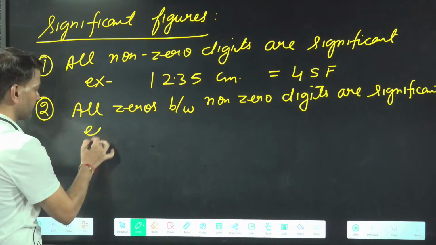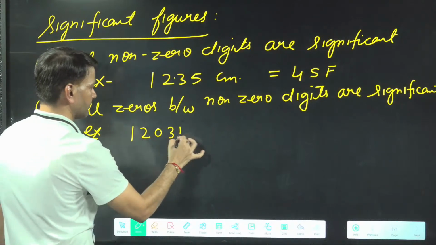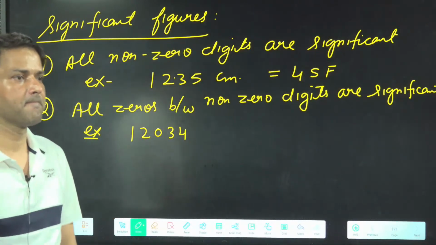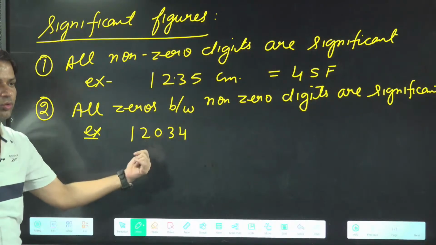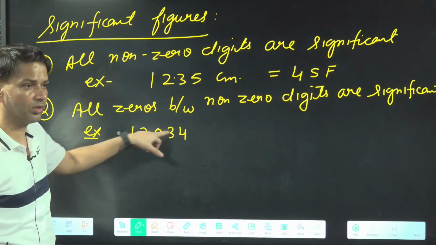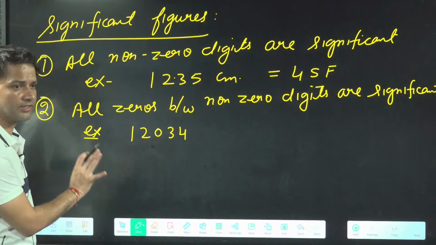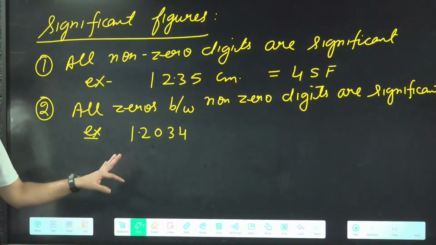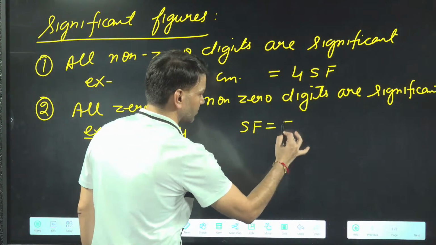Like this, how many significant figures? 5, because this 0 is coming between two non-zero digits, one is the 2 and one is the 3. We can put a decimal also. If it is a decimal, like suppose I am saying this, how many significant figures? The same rule we can apply. So the number of significant figures is equal to 5.